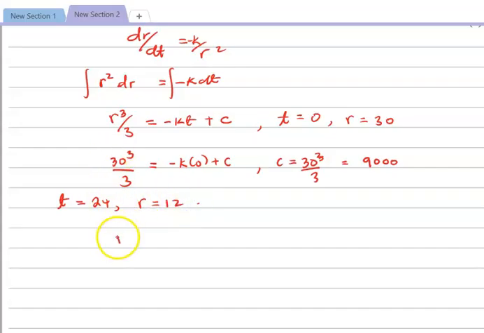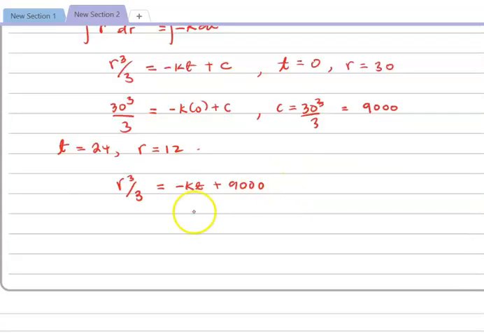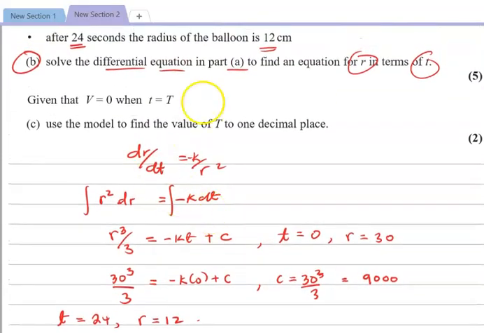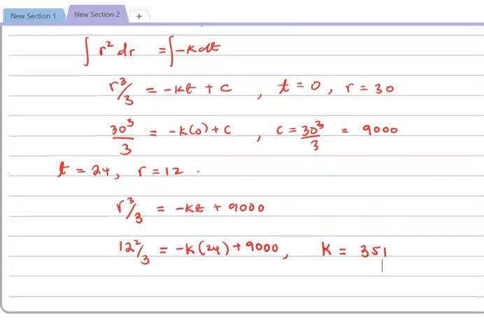So we have our equation, r cubed over 3 equals minus kt plus 9,000. That means we have r is 12, so 12 cubed over 3 equals minus k times t, t is 24, and then plus 9,000. Then when you do the calculations here, you end up with k as 351. But what's the question asking you to do? The question asks you to find the equation of r in terms of t. So you're going to make r the subject.